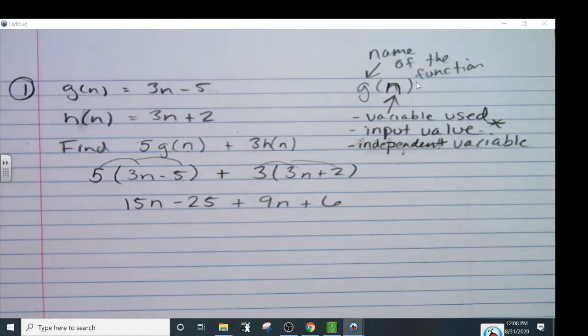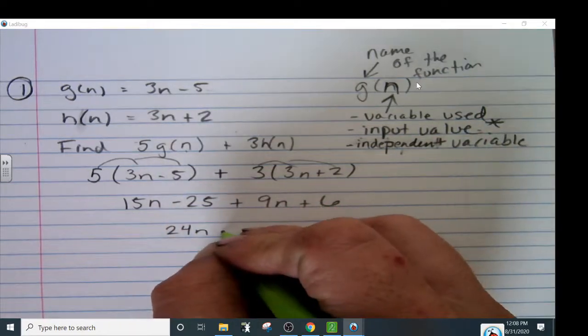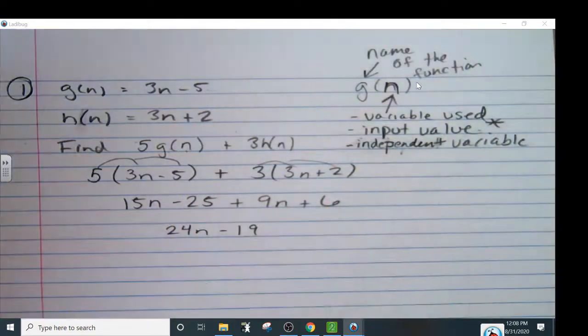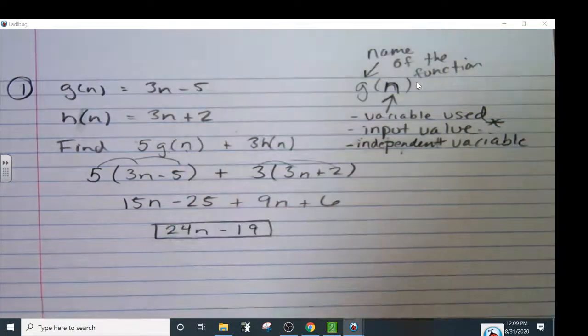All right, then you're going to combine your like terms. That's 24n. Then that's your answer.